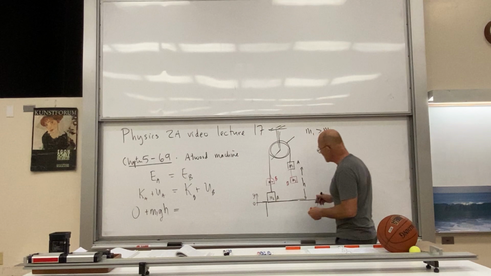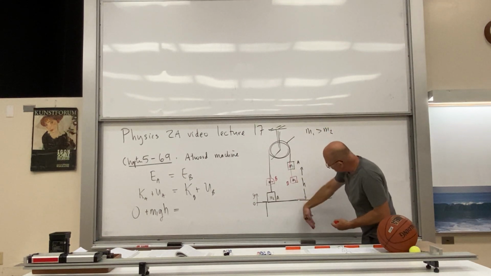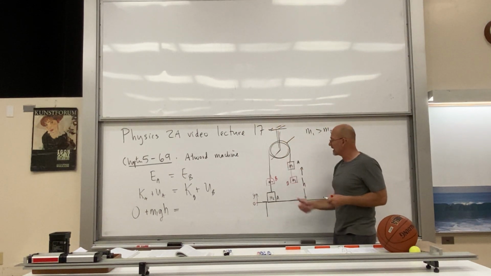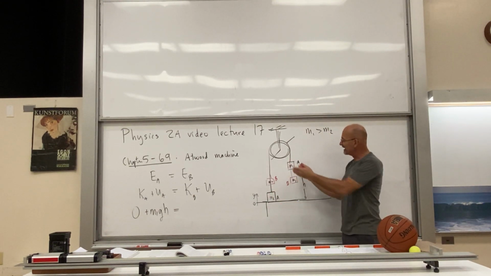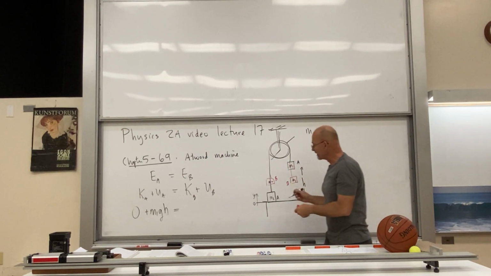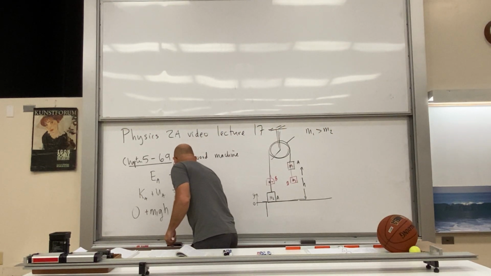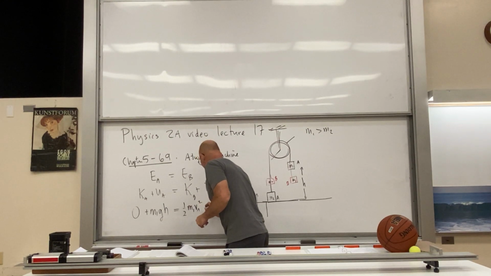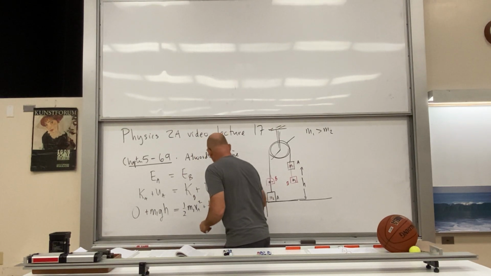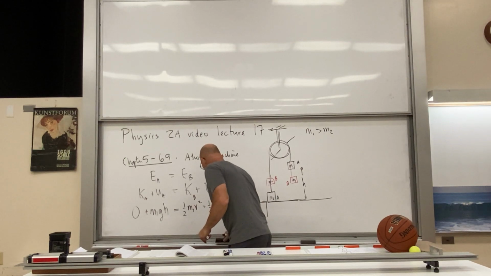Now, kinetic energy at B: M1 is dropping down, M2 is going up. They're passing at the same height, and they both have the same speed because it's just a string pulling them. So we have 1/2 M1 V_B squared plus 1/2 M2 V_B squared.